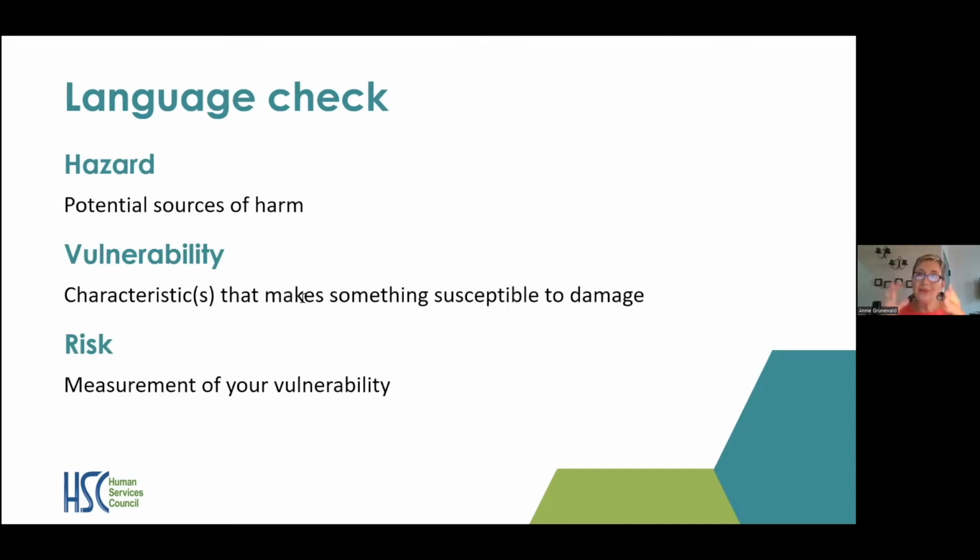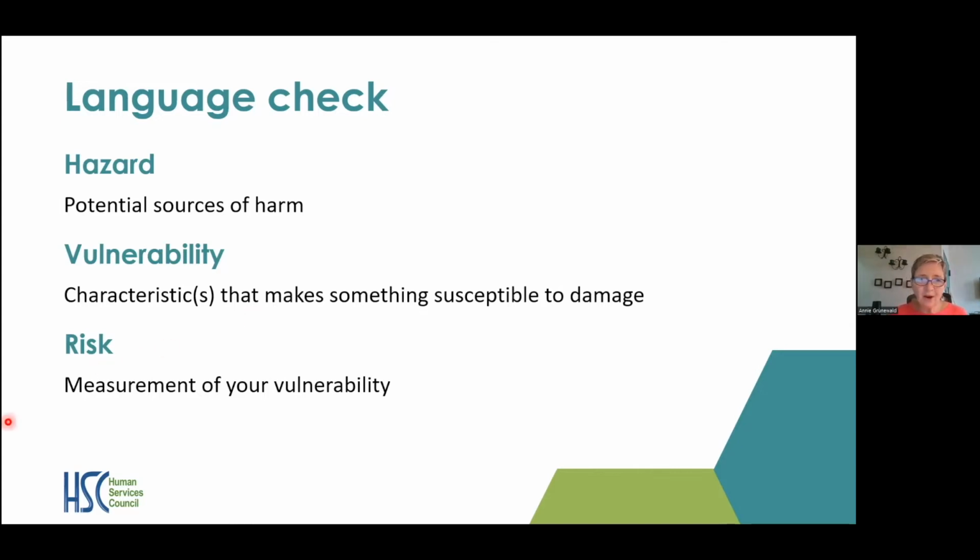So those of you who watched or attended the webinar on continuity of operations, or COOP, we spent a lot of time focusing on our essential services and really analyzing them, figuring out what our vulnerabilities are and how we can mitigate them to lessen the impact on our essential services.